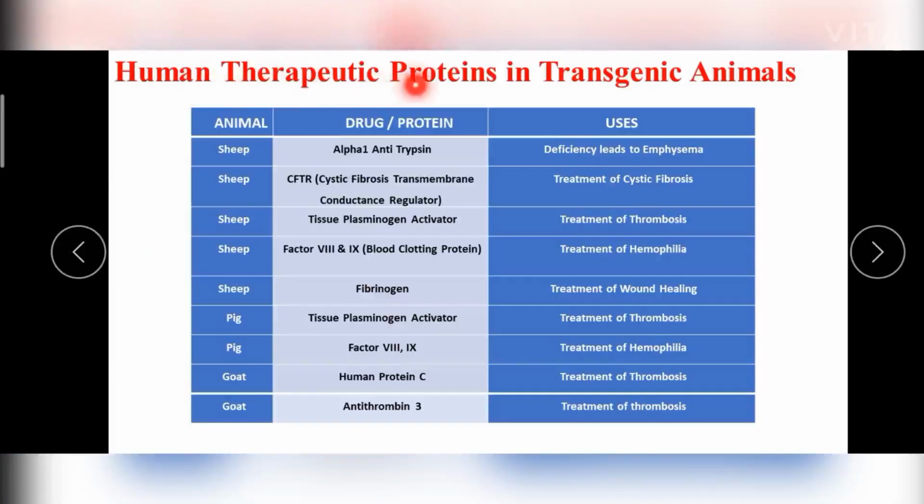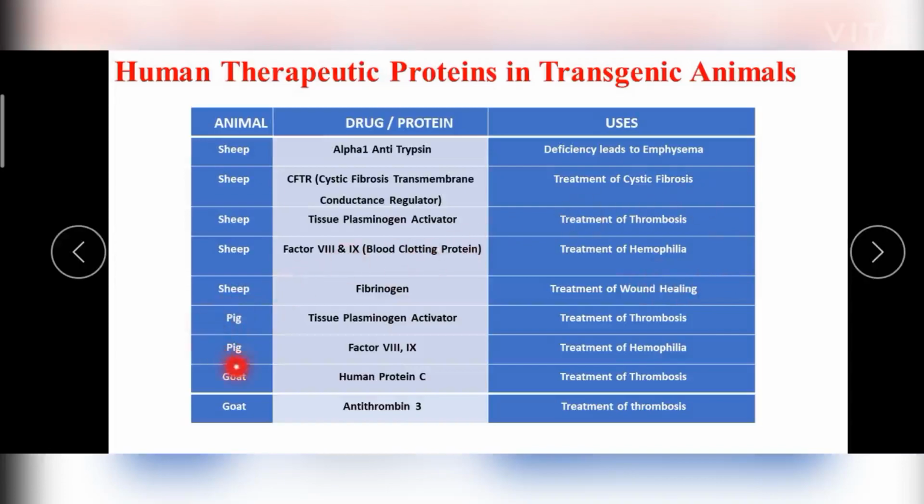Like this, different types of human therapeutic proteins are produced in transgenic animals. If you take the transgenic sheep: alpha antitrypsin, cystic fibrosis transmembrane conductance regulator, tissue plasminogen activator, blood clotting factors 8 and 9, and fibrinogen. All these recombinant proteins are produced either in the milk or in the blood of the transgenic sheep, and they are used for the treatment of diseases like emphysema, cystic fibrosis, thrombosis, hemophilia, and wound healing.